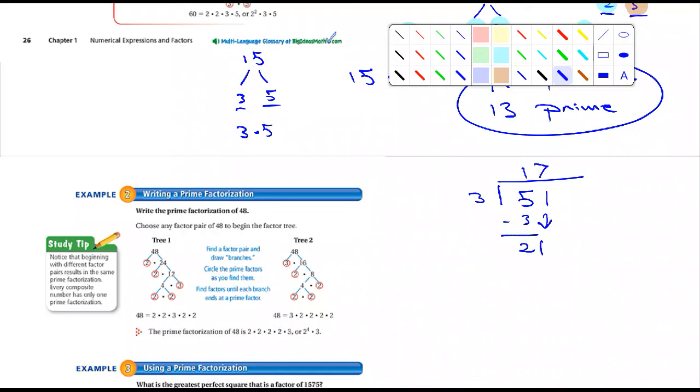17. So 51, the prime factorization is what? 3 and 17. Can we break down that 17? What do you think? Yes? No?